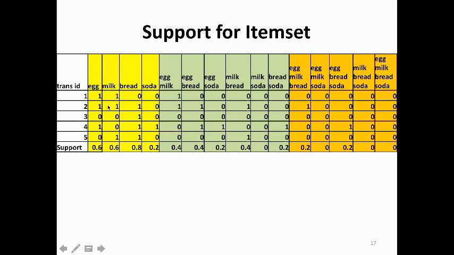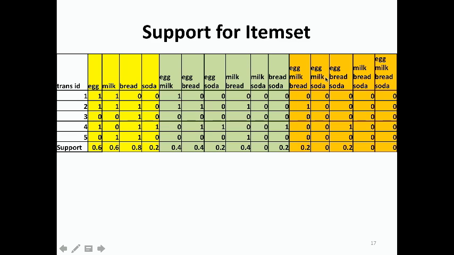Here egg and milk again, but in addition, egg and bread are here, and milk and bread have both been purchased. So this gets 1 and the rest are 0. Using this, you can easily see how many of these 5 transactions purchased 2 products: 2 out of 5, 1 out of 5, 2 out of 5, none out of 5, and 1 out of 5.